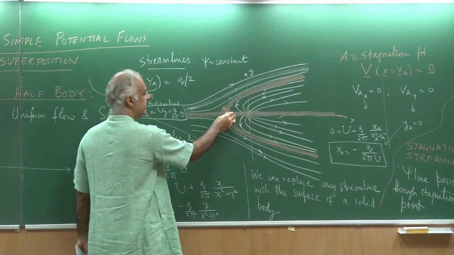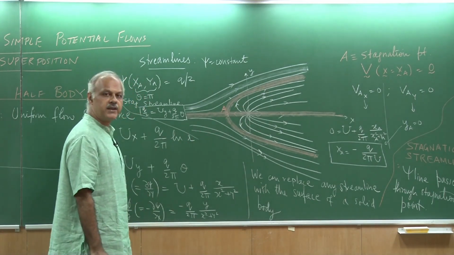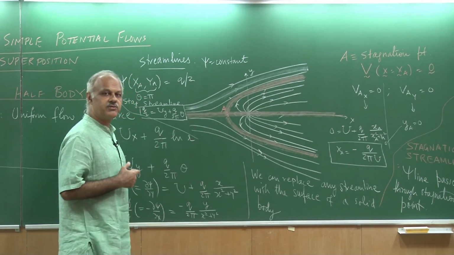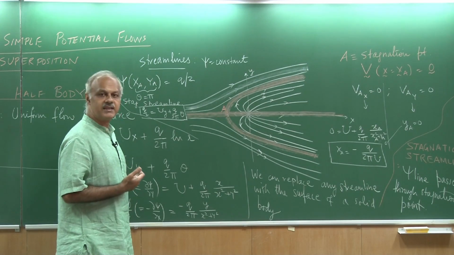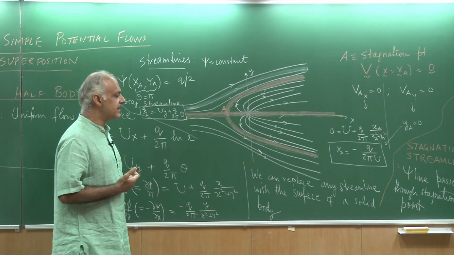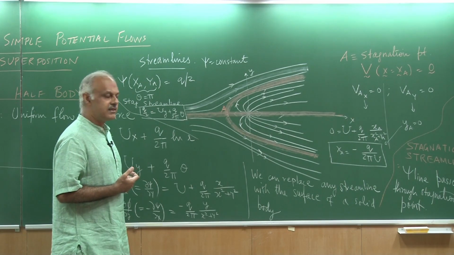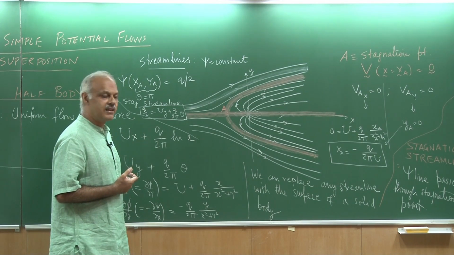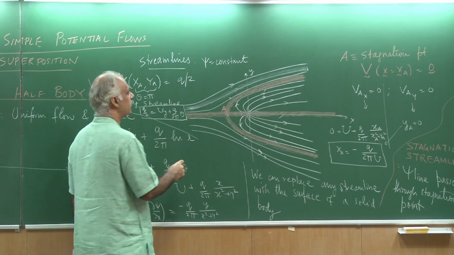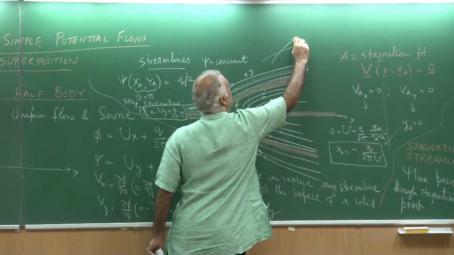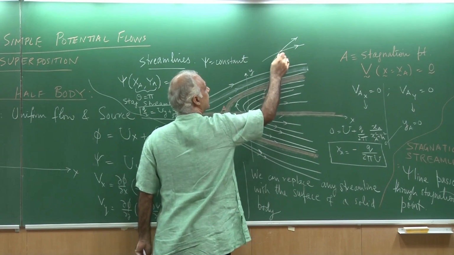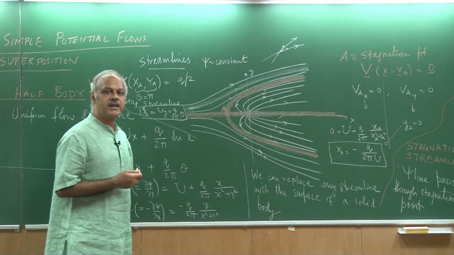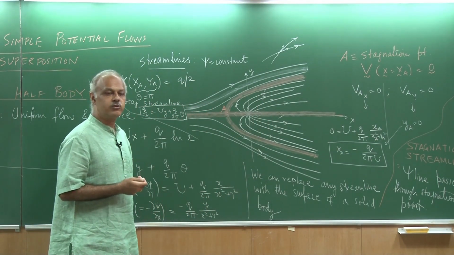This point, as you can see, is a very interesting point, because here two streamlines are intersecting, and we have already studied that streamlines cannot intersect. In general, streamlines cannot intersect because the tangent to the streamline tells us the direction of velocity. If they are intersecting, that means at this point I have two directions, a direction A and a direction B. How can a fluid element have two different flow directions?